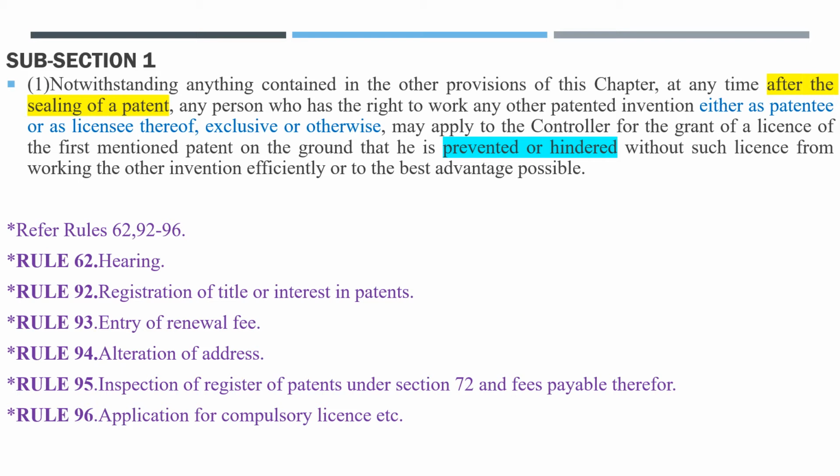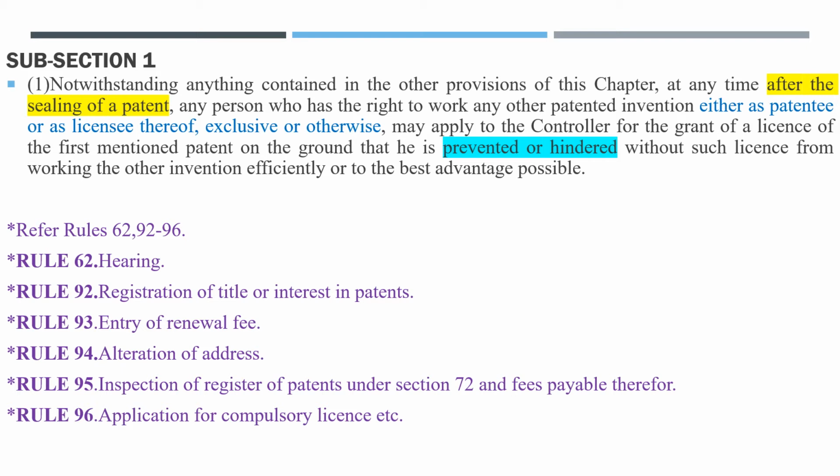In a very simple way, I can analyze this subsection like this. After sealing of the patent, at any time, any person having the right to work any other patented invention as patentee or licensee may apply to the controller for granting of a license of the first mentioned patent.